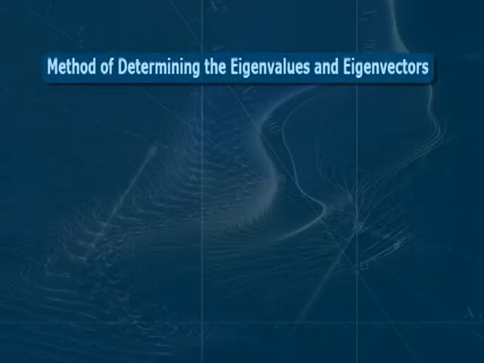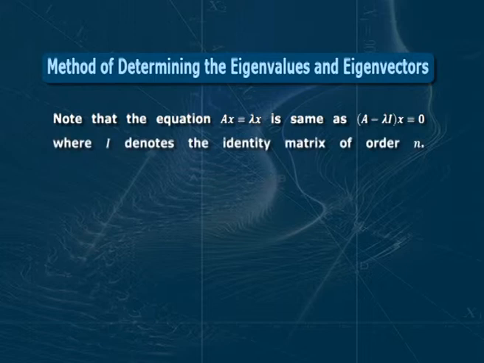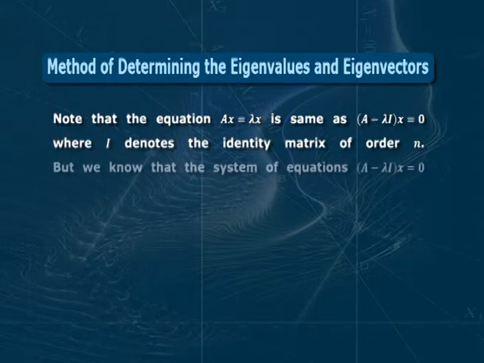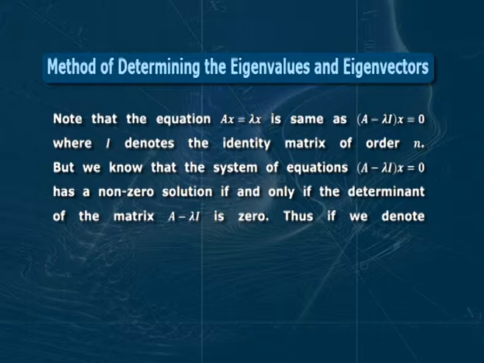Let us now discuss the method of determining the eigenvalues and eigenvectors. Note that the equation Ax equal to lambda x is same as A minus lambda I x equal to 0, where I denotes the identity matrix of order n. But we know that the system of equations A minus lambda I x equal to 0 has a non-zero solution if and only if the determinant of the matrix A minus lambda I is 0.